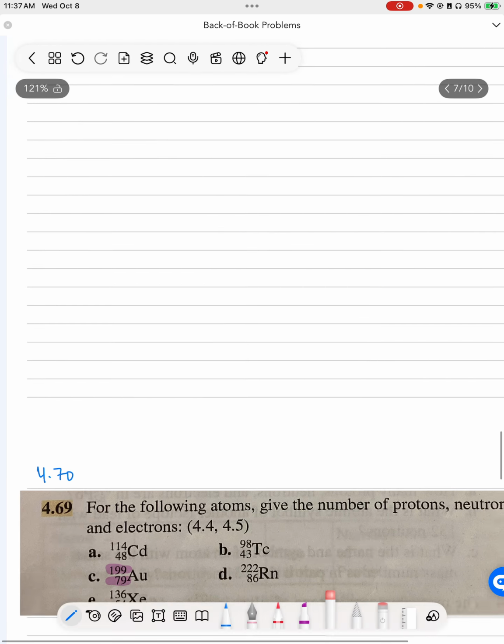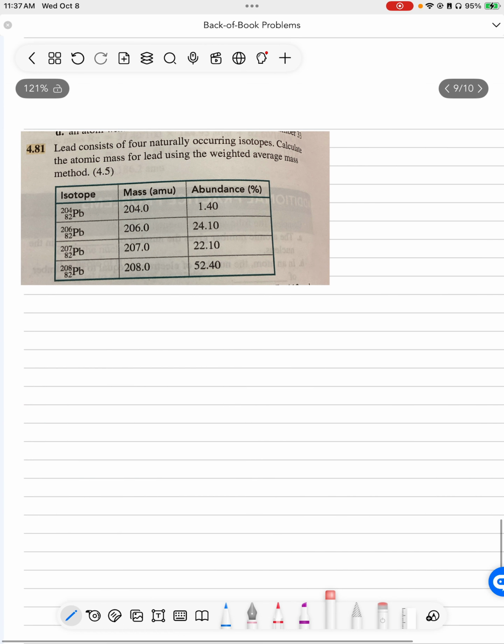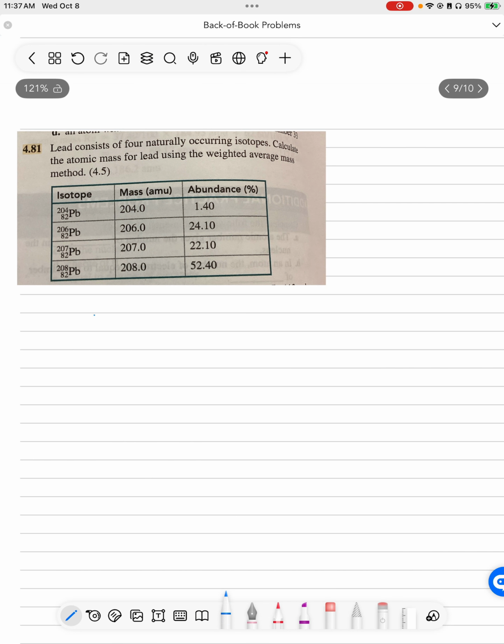So let's go back down here and talk about this for a minute. Carbon has a mass of 12 and it has 6 protons, 6 neutrons, and 6 electrons. But there are other isotopes of carbon that exist.